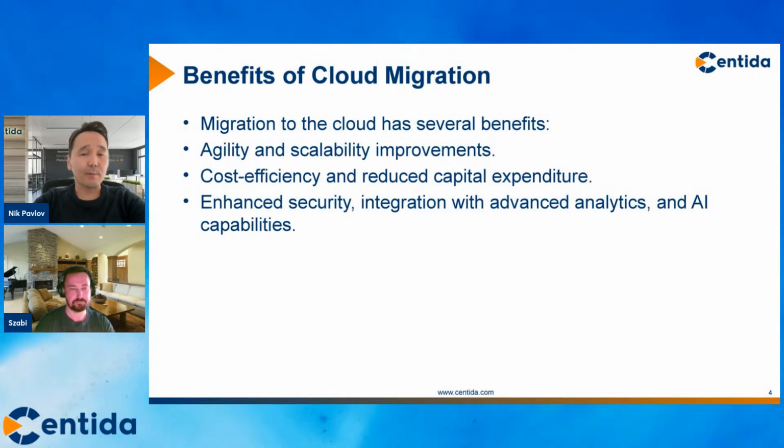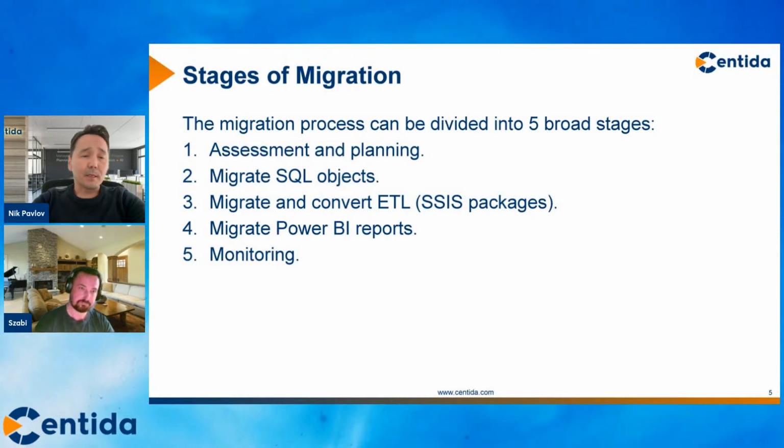You can quickly ramp up your resources during busy periods and scale back down when things slow down, which means you only pay for what you have used. So that's very cost effective. Plus, cloud platforms come with integrated analytics and AI tools that provide deeper insights into your data, making your environment more dynamic.